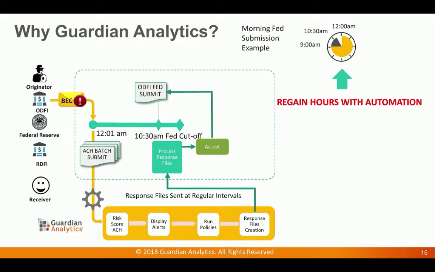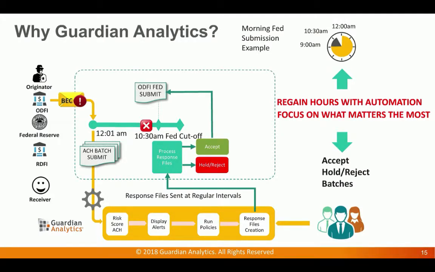And when your team comes in the morning, let's say 9 a.m., between then and the cutoff window of the settlement at 10:30, they can analyze only the batches that have been held and rejected by the system itself, as you can see here, knowing that all the ones that are cleared are being cleared automatically and go to the ODFI for Fed submission.